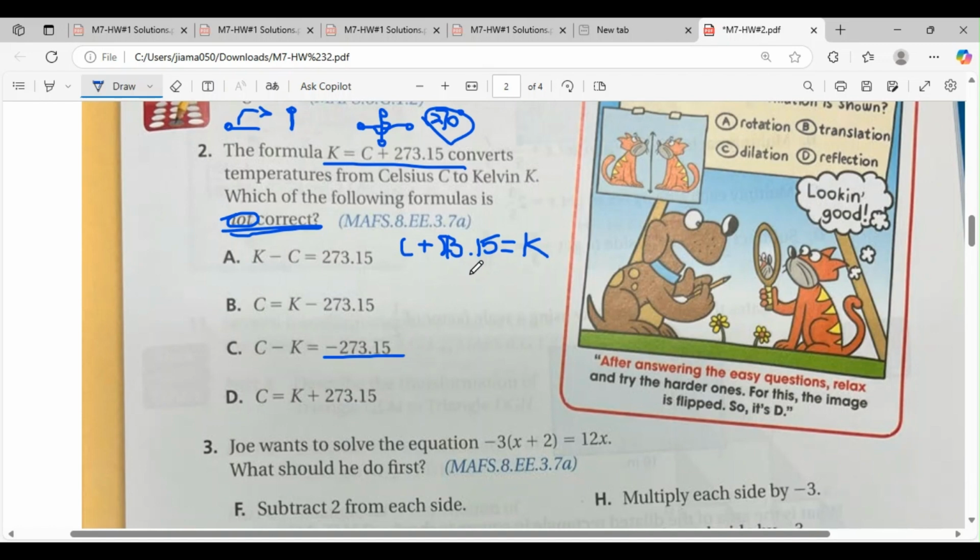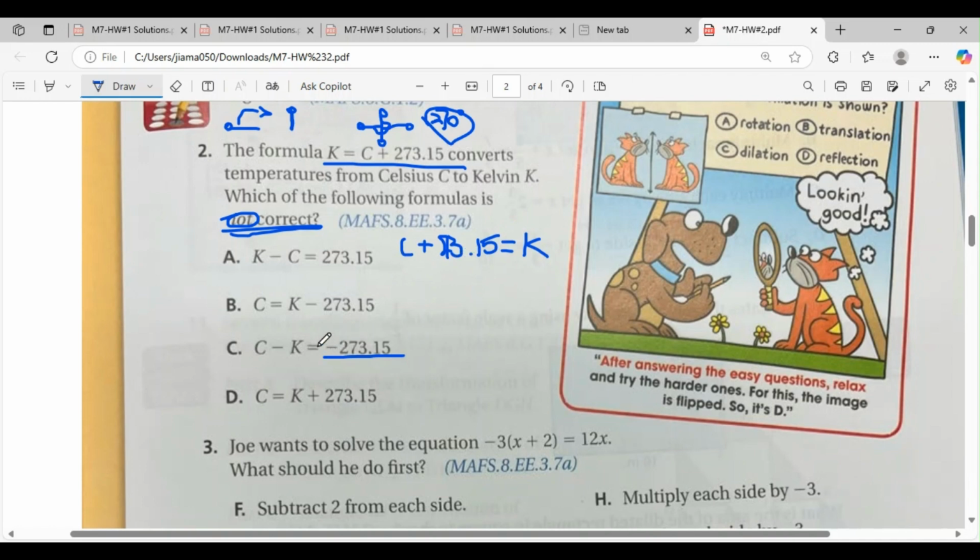Okay, so we know that K minus C equals this number. So if we change it to C minus K, it will get the opposite answer of the original answer.